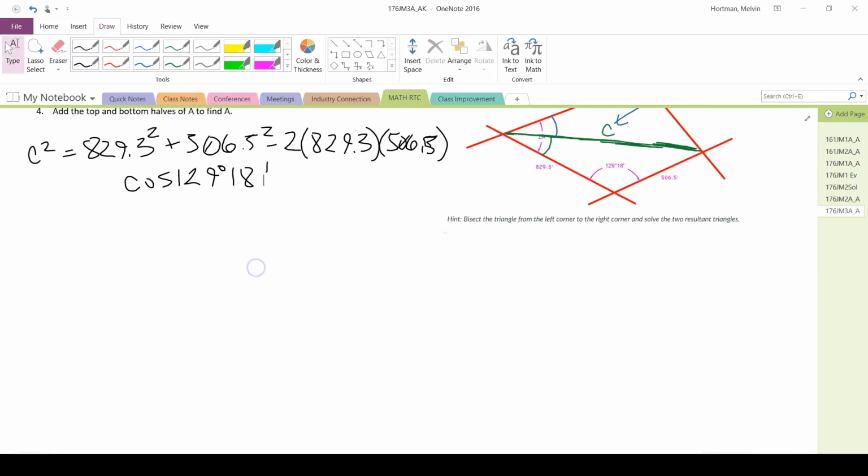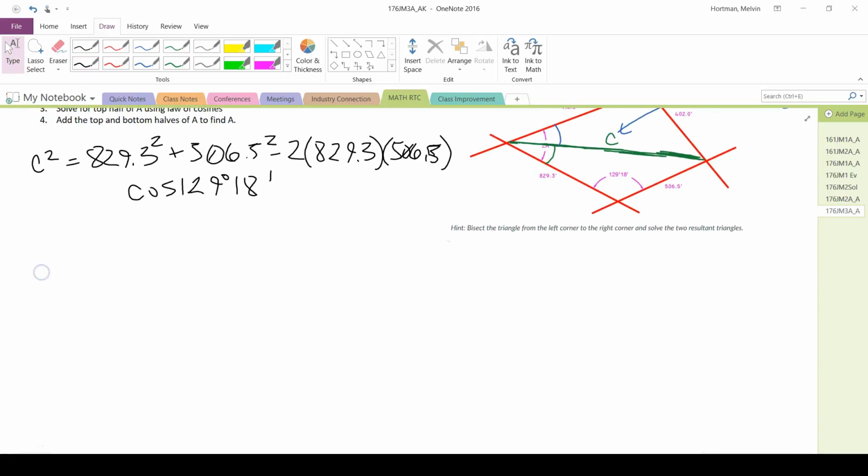To solve for this, I can just take the square root of both sides, and I'll just write quotation marks there, meaning all of that.